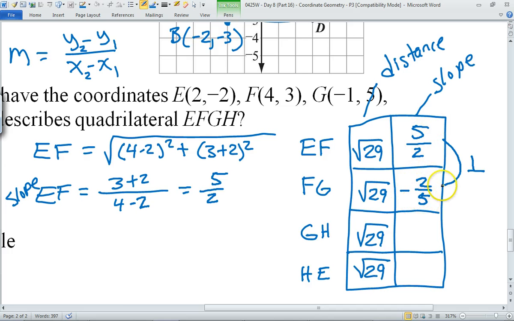Opposite and reciprocal. Therefore, they are perpendicular. Wait, stand by. GH would turn out to be positive 5 over 2, and HE turns out to be negative 2/5. It is a square, sir. So it is certainly a square. Everything is perpendicular here. So we get to say square.